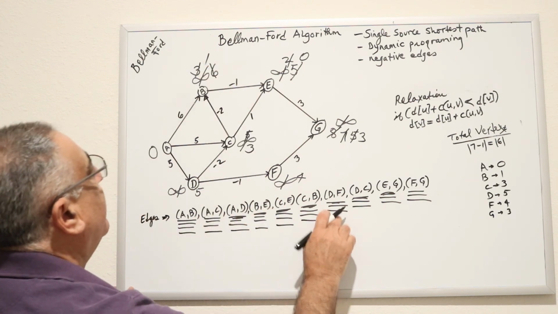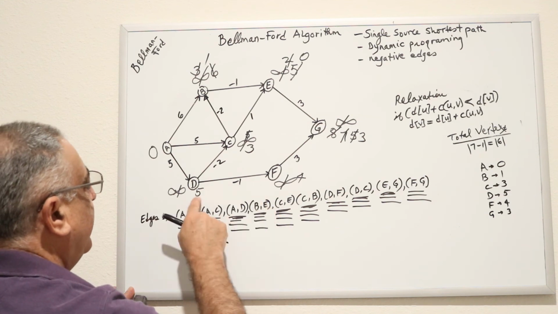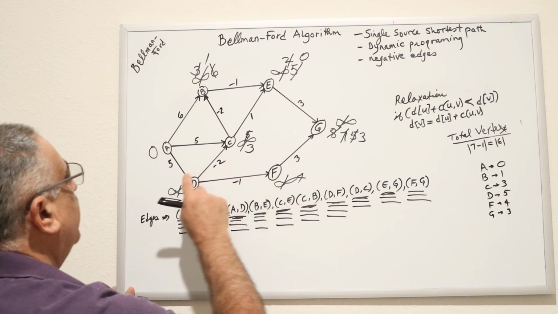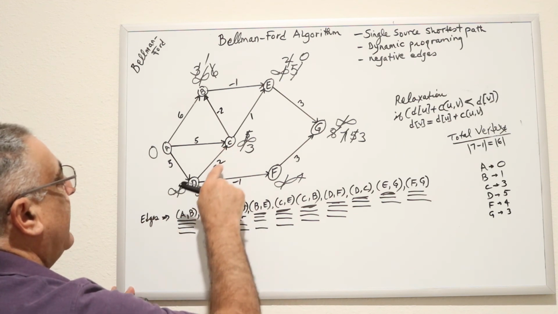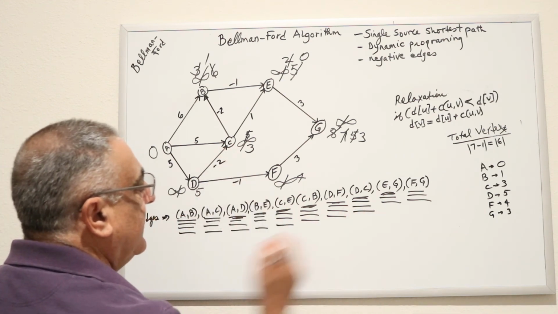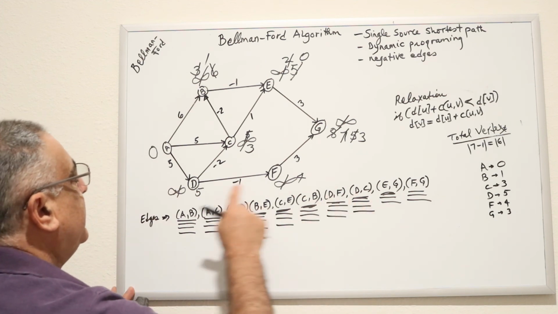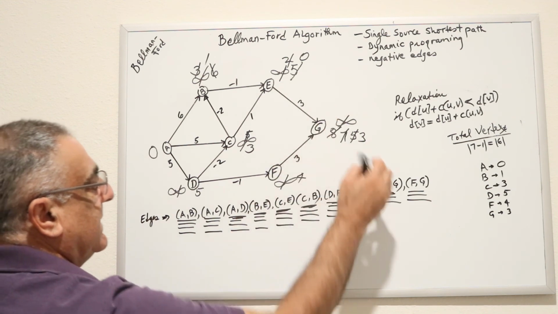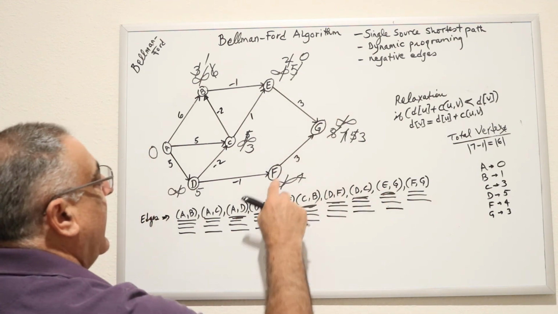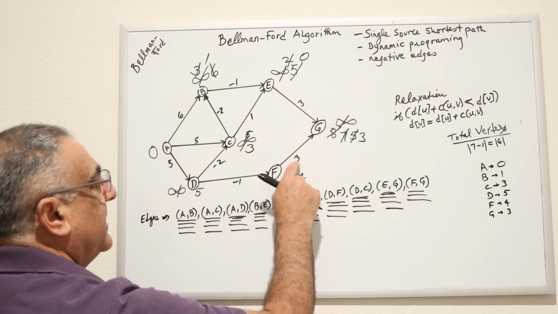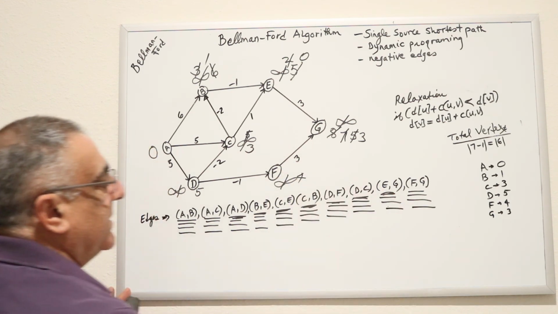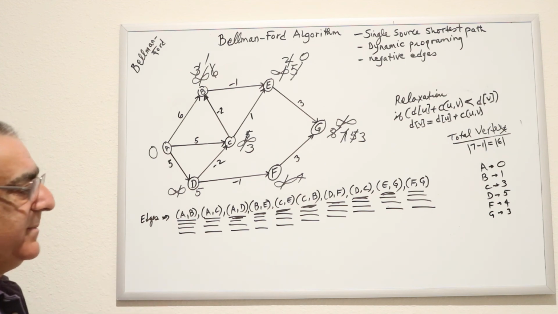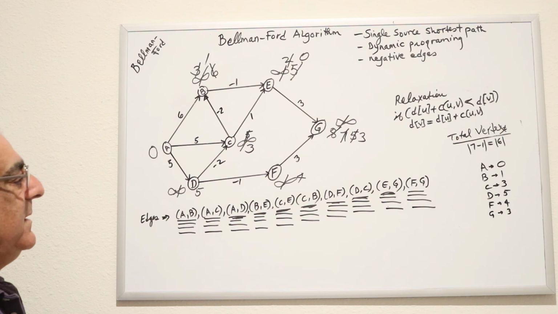D to F, 5 plus negative 1, that's a 4, doesn't change. D to C, 5 plus negative 2, doesn't change. E to G, 0 plus 3, that's a 3, it doesn't change. F to G, 4 plus 3, 7, it doesn't change. So, during the fourth pass, there were no changes made, so there is actually no need to continue.